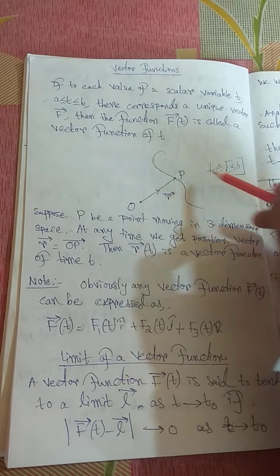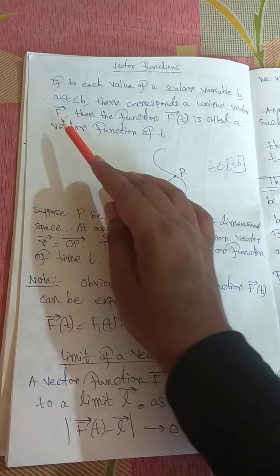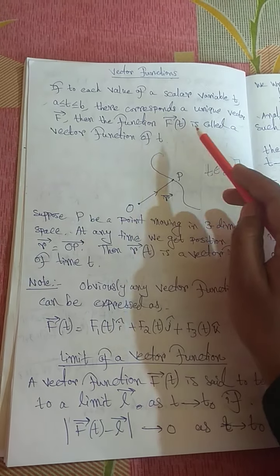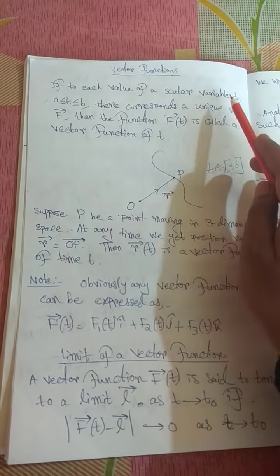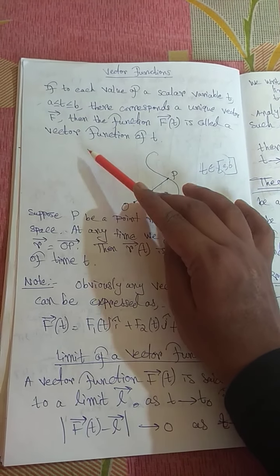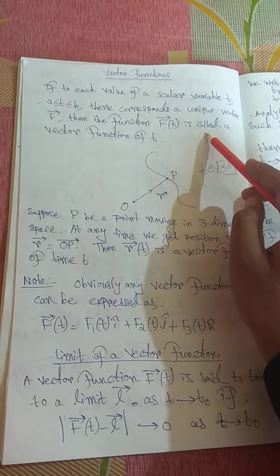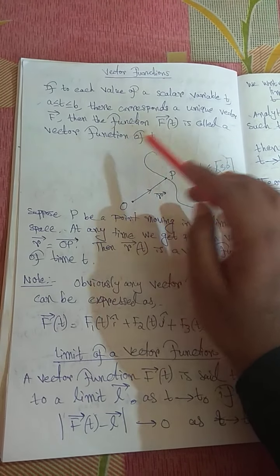Now corresponding to each value of t, I find a vector f. If I find a vector f corresponding to each scalar variable t, then this function f(t) is called a vector function of t.